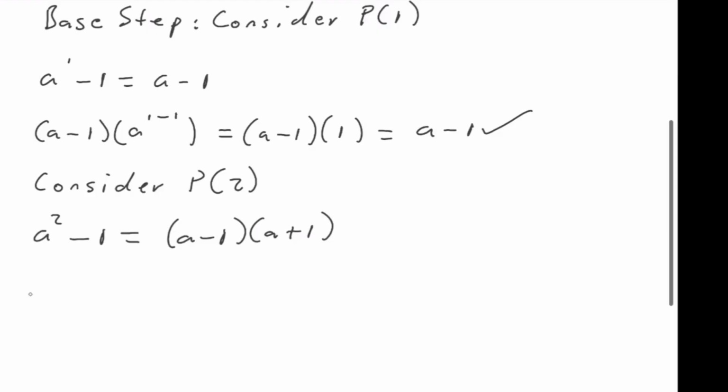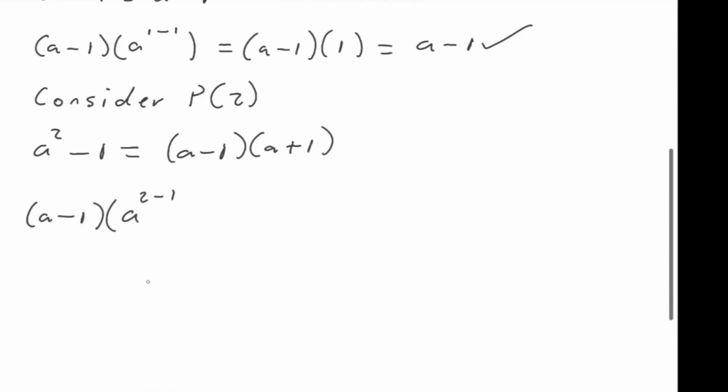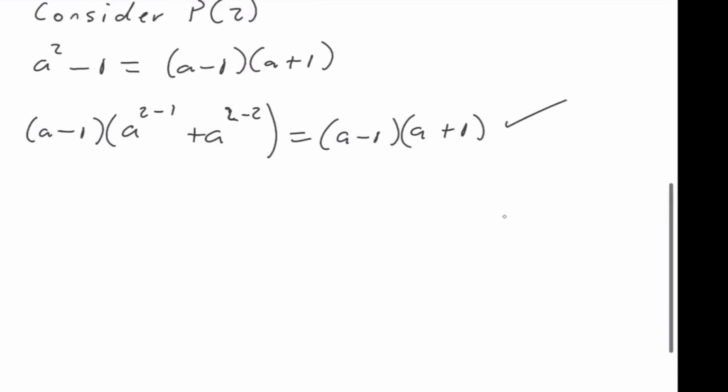And then the right-hand side, it's going to be a minus 1 times, and then it's going to be a to the 2 minus 1, and then plus a to the 2 minus 2, right? And then that's going to be equal to a minus 1 times a plus 1, which is exactly what we want. Now, let's go ahead and move on to our induction step.